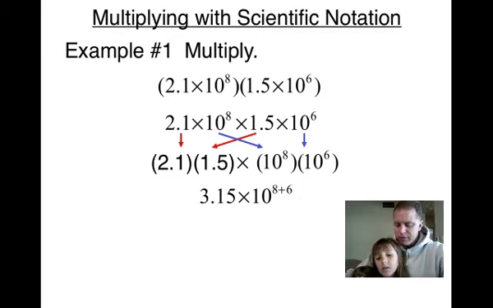And then you haven't had this yet, but they have, so they should know that when you have 2 bases multiplying and the bases are the same, you add the exponents. So on number 3, you're gonna times 15 times 10, and then you're gonna add 8 and 6 together, and you add the answers together to get your answer?